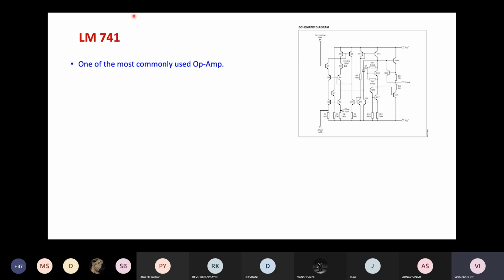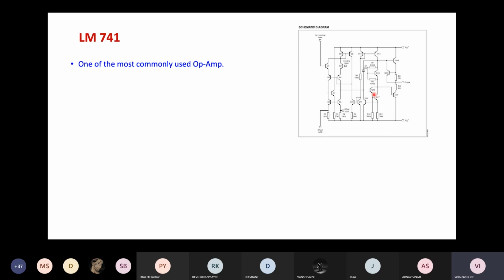Okay. So this LM741 is the most common op-amp, and this is the schematic diagram of this op-amp, as you can see. So as you can see, this looks quite complicated. There are various transistors. There are many transistors, in fact. And this was based on BJTs, actually, because initially the BJTs were discovered in the beginning, and people were trying to make computers out of BJTs, and op-amp was one of the most important constituents there.